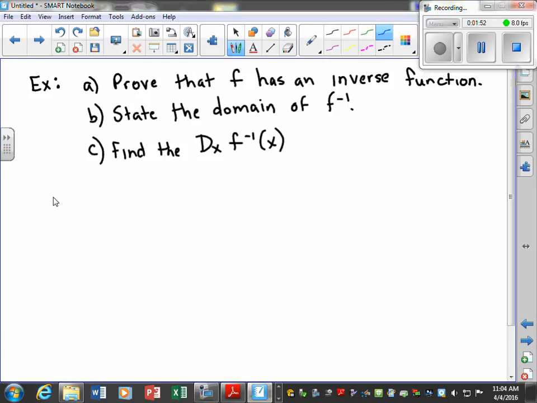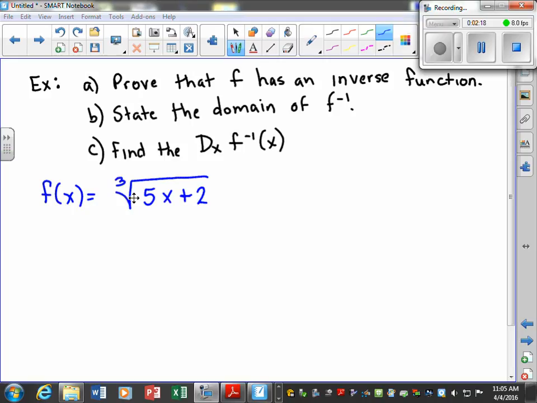So f of x, this will be given to you. f of x is going to be, let's see, the cube root of 5x plus 2. Okay, first thing we're going to do is the algebra behind it, to see if f has an inverse, and find that.